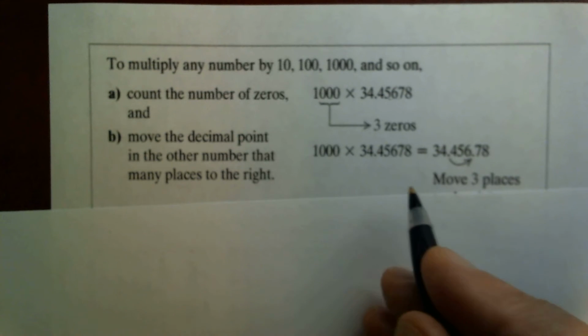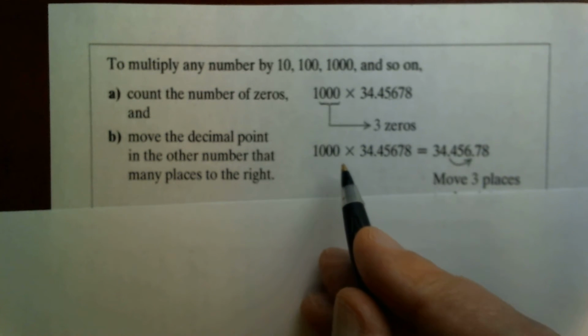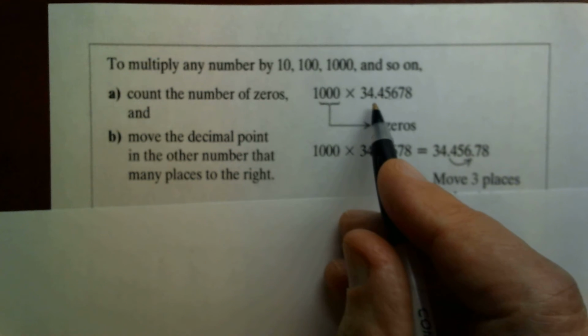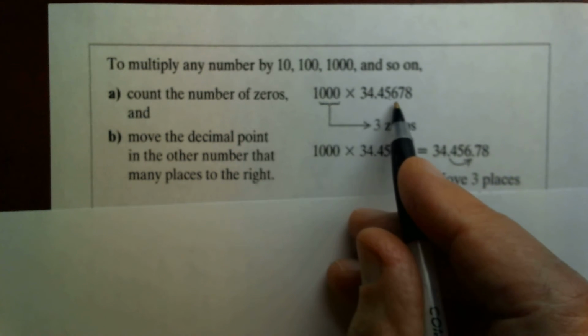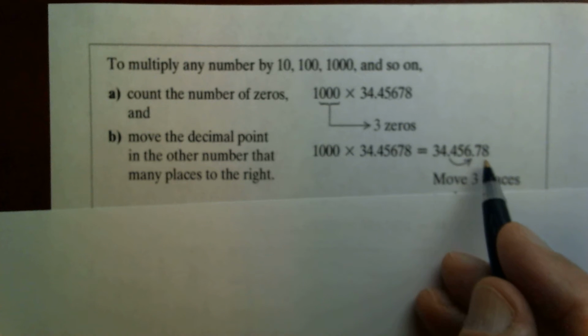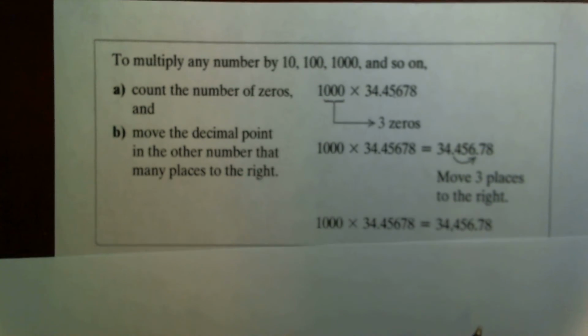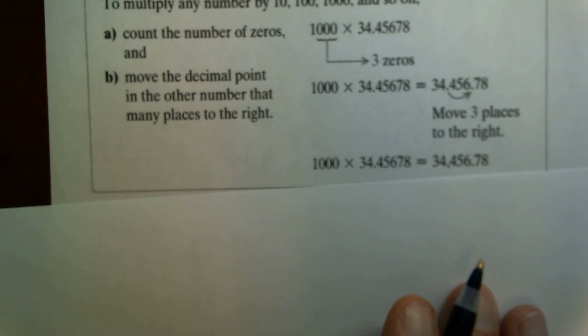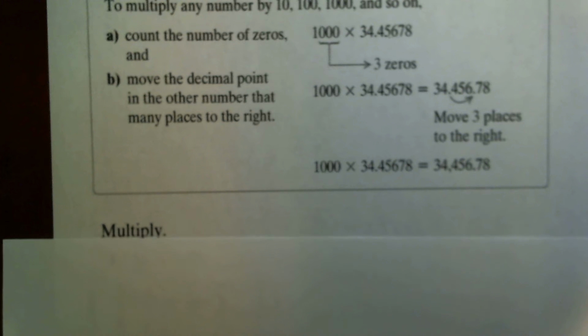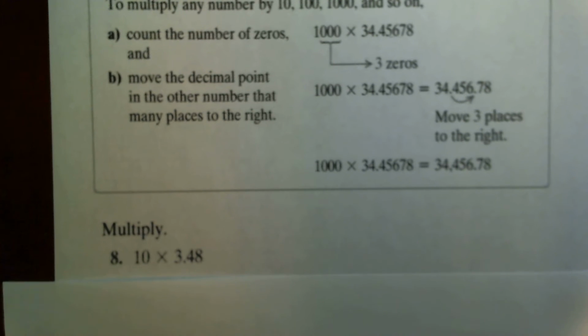So in other words, there are 3 zeros here, and we move the decimal from between the 4 and the 4, move it 3 places between the 6 and the 7. That's it. So it's really simple to multiply a number by 10 or 100 or 1,000 or 10,000 or 100,000. Really straightforward. So let's do some examples.